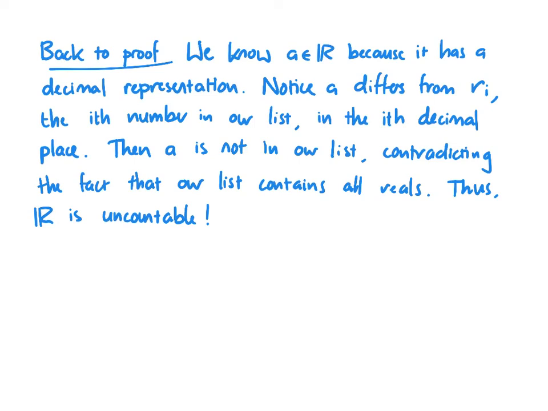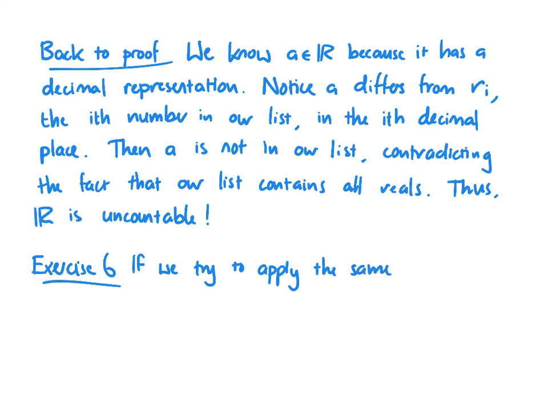All right, just a little exercise I want to leave you with. So we said in our previous video that Q is a countable set. What if we tried to apply the same argument from our proof that R is uncountable? What if we try to apply that same argument to Q?